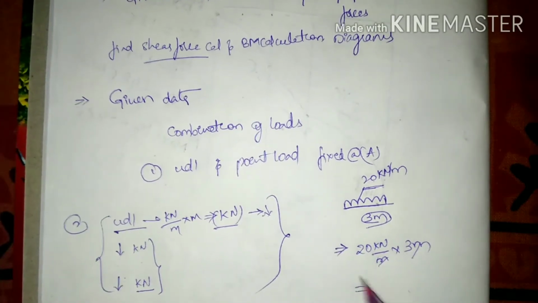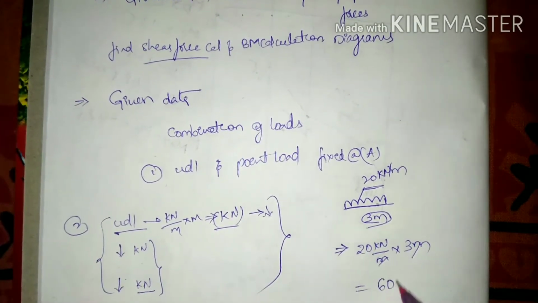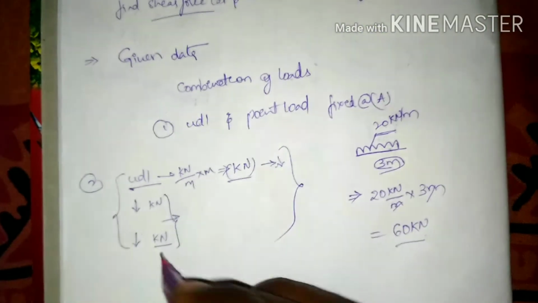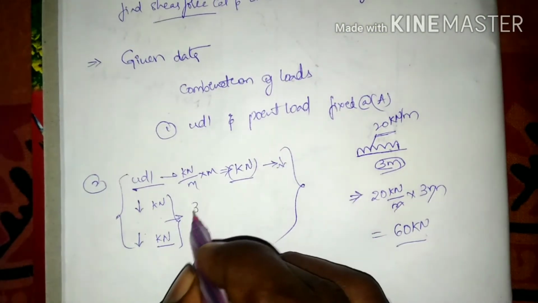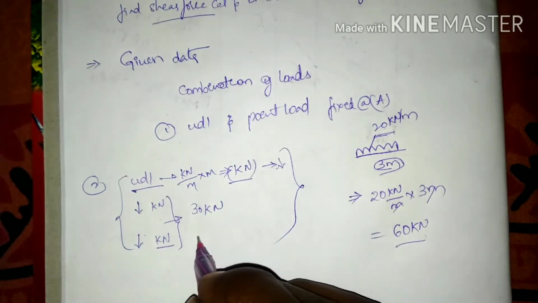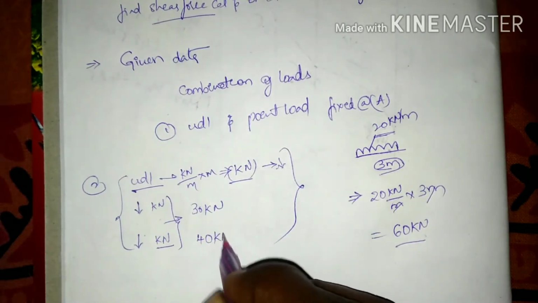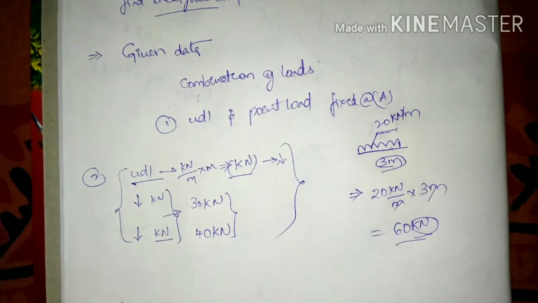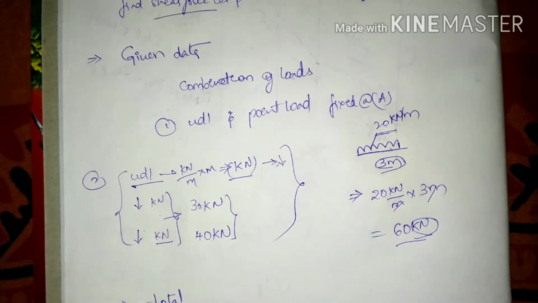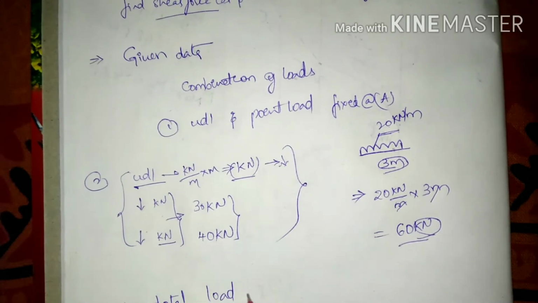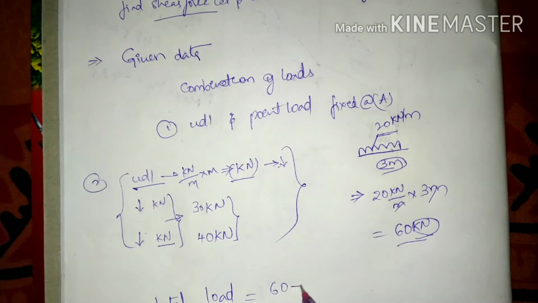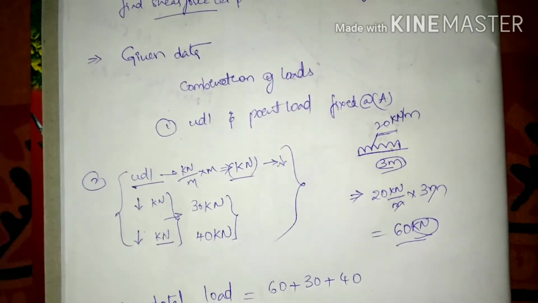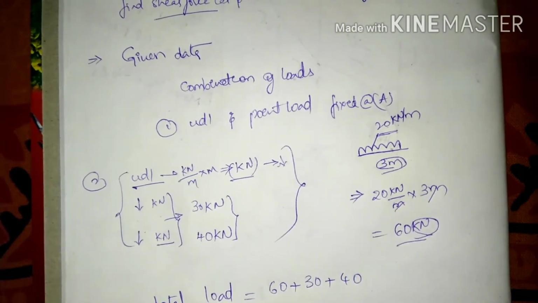Meter is going to cancel and this is going to remain with 60 kilonewtons. Similarly, here the point load is 30 kilonewtons and another point load 40 kilonewtons. Total load on beam is equal to 60 plus 30 plus 40. That gives rise to 130 kilonewtons.